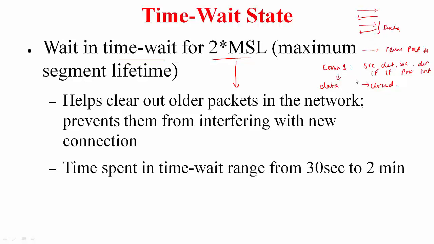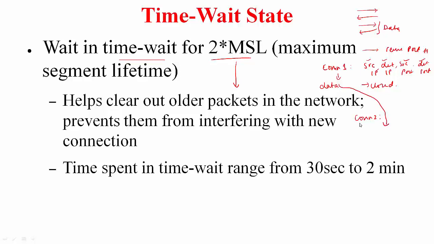Now some of this data belonging to this connection could still be in the network because it was retransmitted or whatever. Now let's say the same endpoints reopen a new connection called connection 2 with the same four tuple. So this connection 2 is between the same source and destination and with the same source port and the destination port.